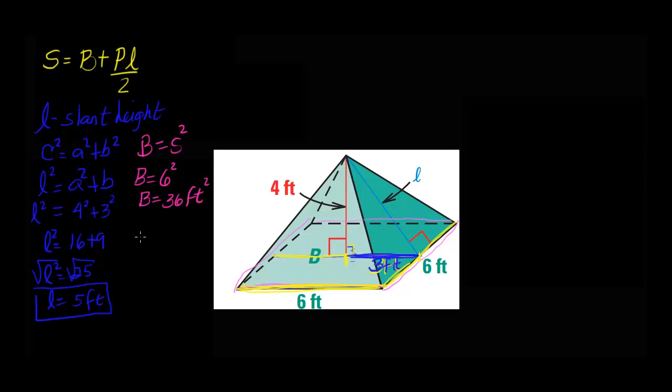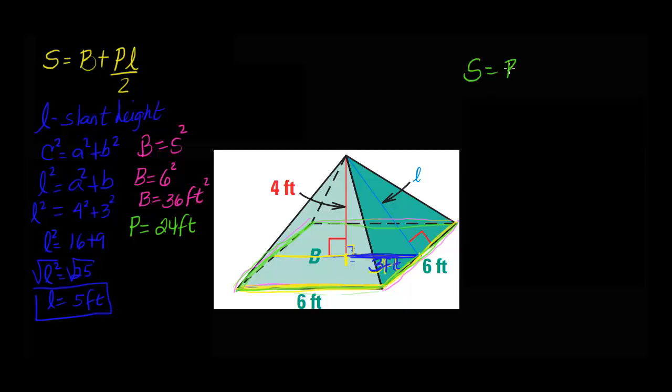P is the perimeter. Perimeter, we had said, is the length around the base. So I have 6 plus 6 plus 6 in the back plus 6 on the left. And that gives you a total of 24 feet.